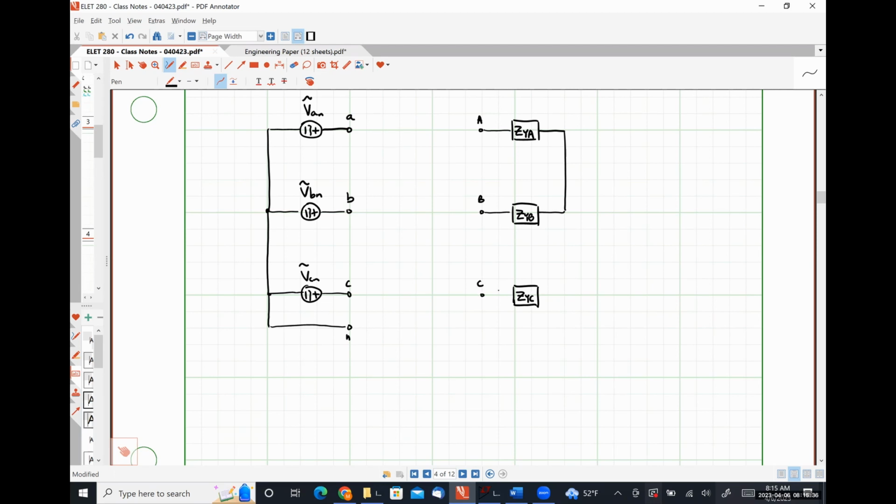My capital C terminal. And then down here will be my capital N terminal for my neutral connection. And we are going to connect our source to our load using transmission lines.